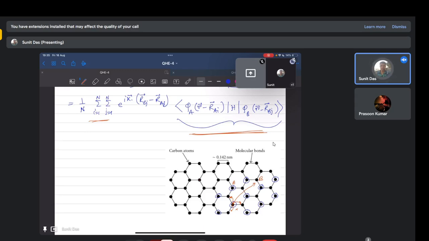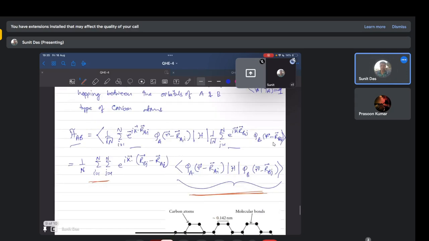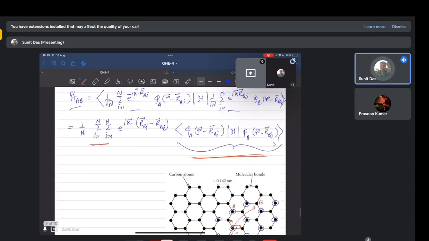So this expression of H_B tilde says nothing about which is allowed and which has small or greater tunneling probability. It is summed over all possible combinations.